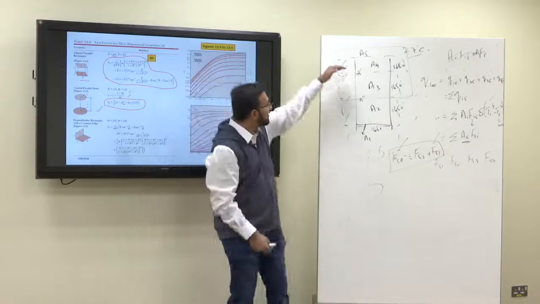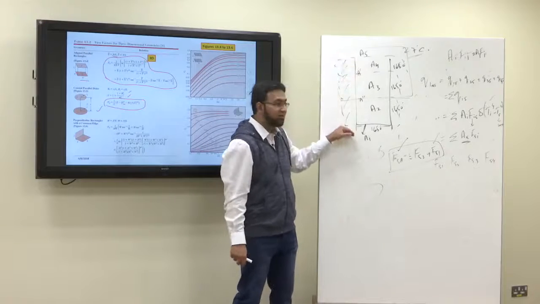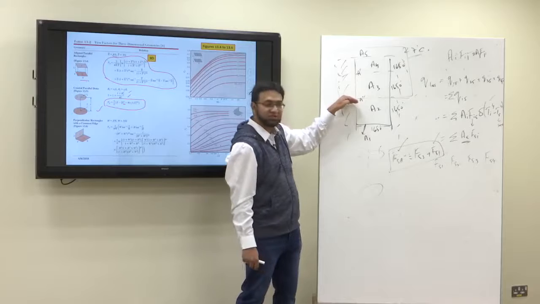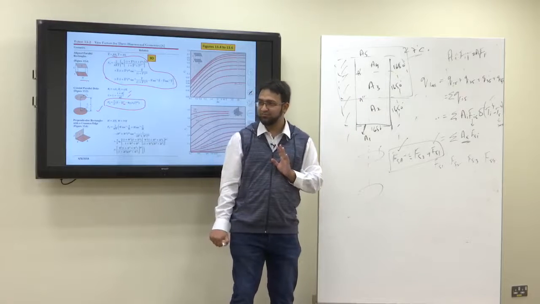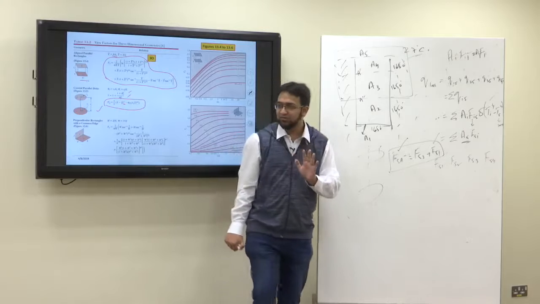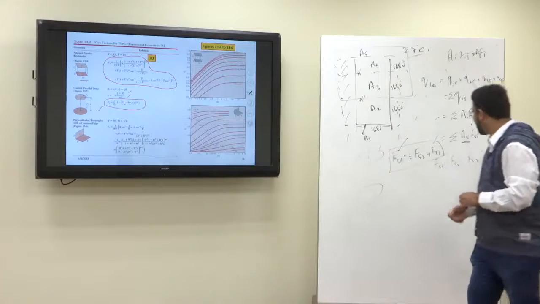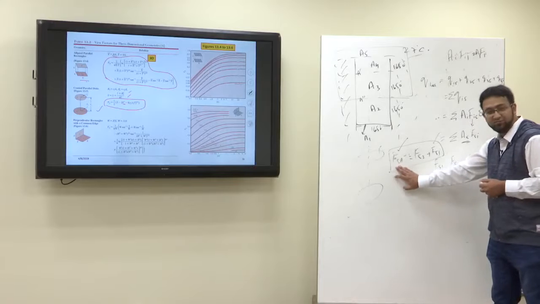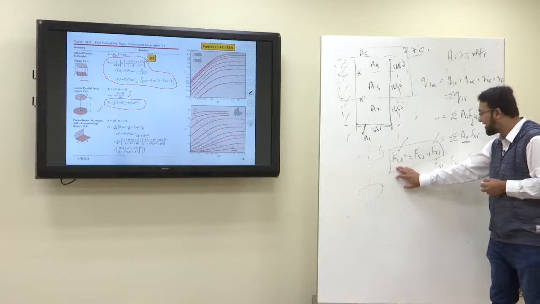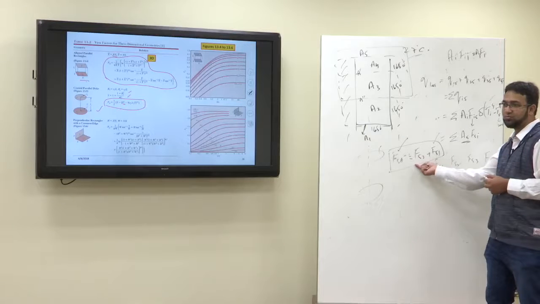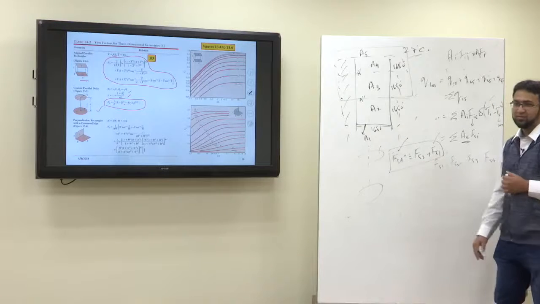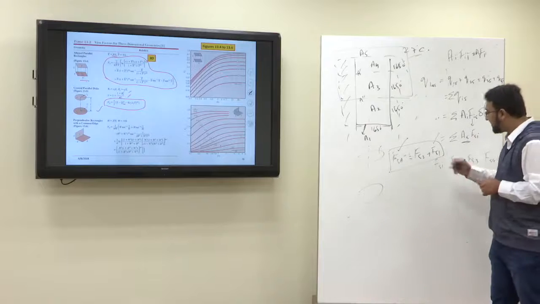Previously we applied this formulation between 5 to 1, now we are applying it between 5 to A double dash. Is it clear or not? Same formulation. So if you know what is 5 to A double dash, and you already know what is 5 to 1, you will know what is 5 to 2. Is this step clear or not?